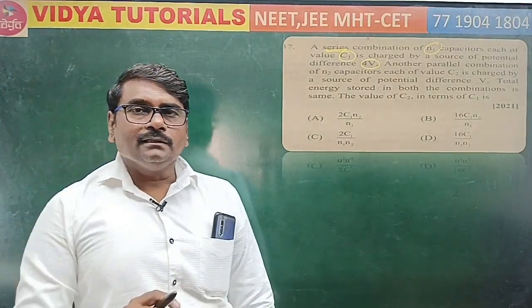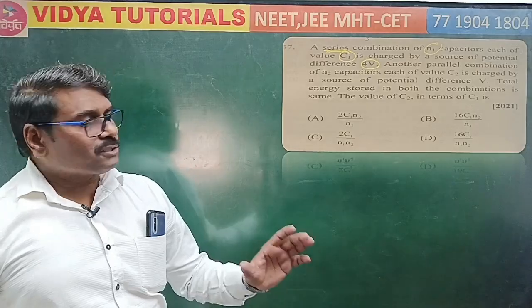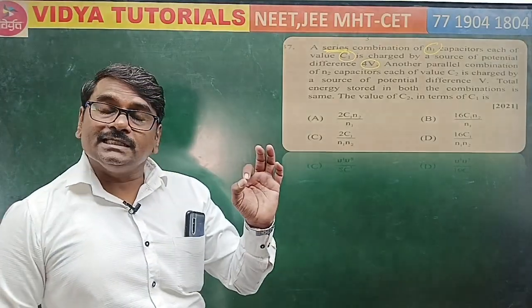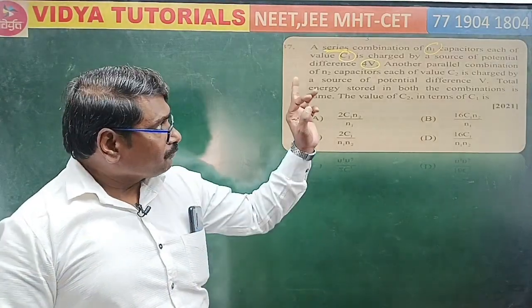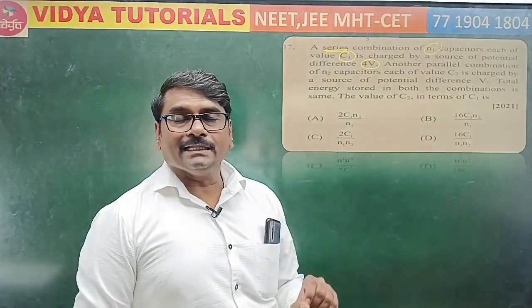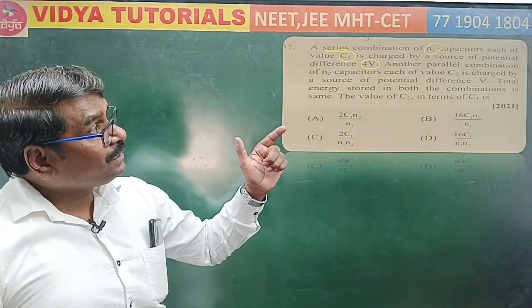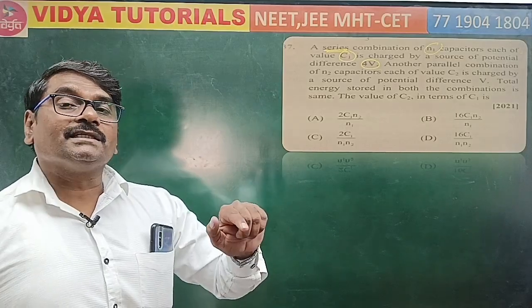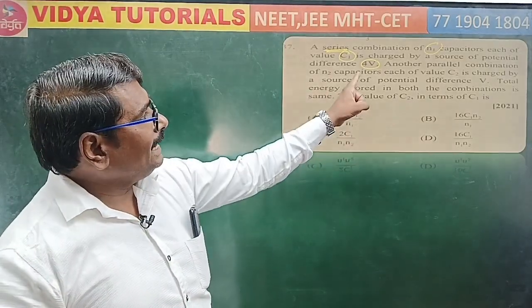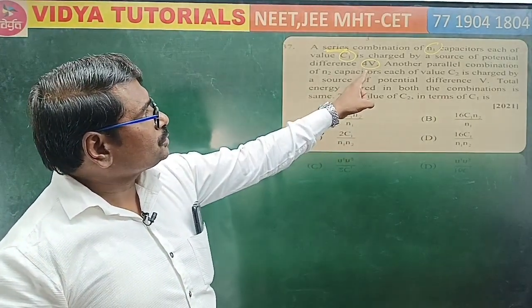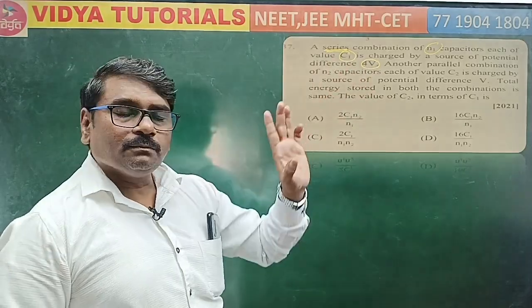Dear student, keep in mind when we solve MCQs, each and every word is important. So what does the first line say? There is a series combination of N1 capacitors, each having the value C1, and across them there is a source of potential difference 4V.